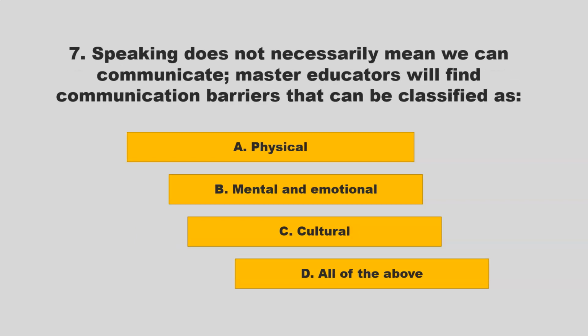Speaking does not necessarily mean we can communicate. Master educators will find communication barriers that can be classified as, is it physical, mental and emotional, cultural, or all of the above? If you chose D, all of the above, you are correct.